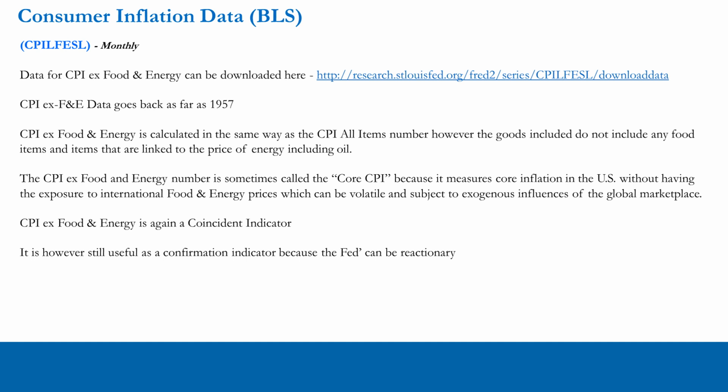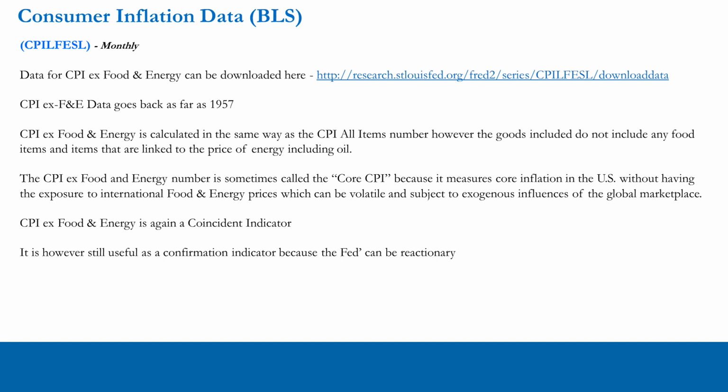Now, again, CPI X food and energy, it's taken from the same data set, reported monthly and backwards looking. So it's again a coincident indicator. So we can use it again as a confirmation indicator because the Fed, of course, is not always predicting what's going to happen and trying to prevent what's going to happen.